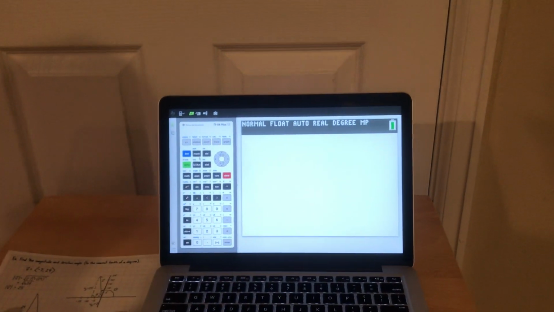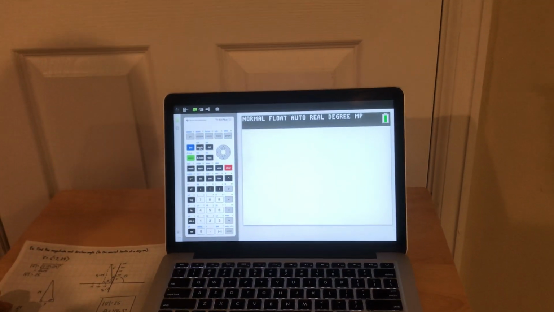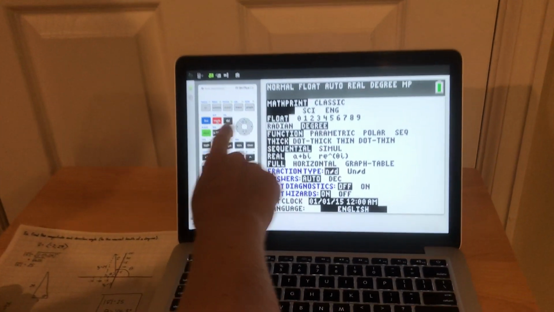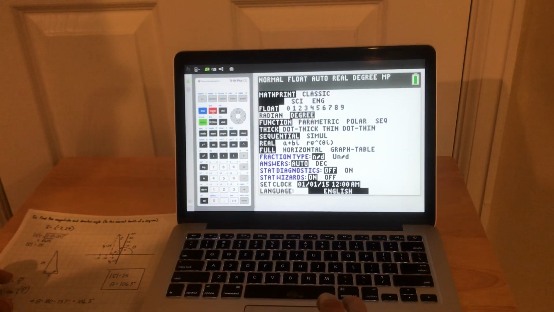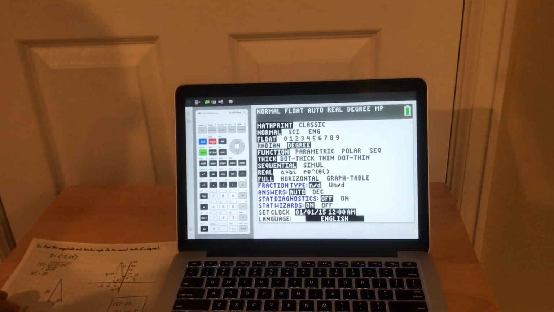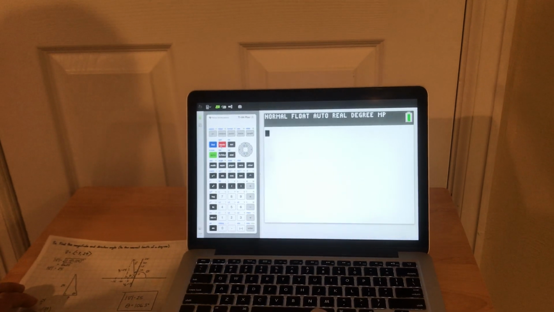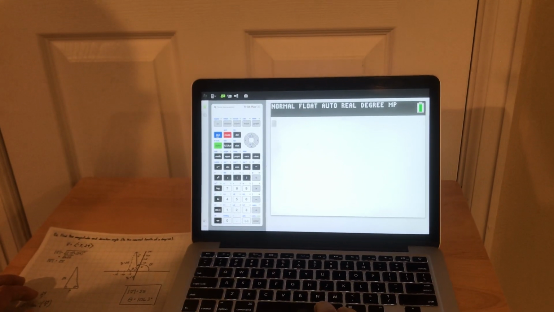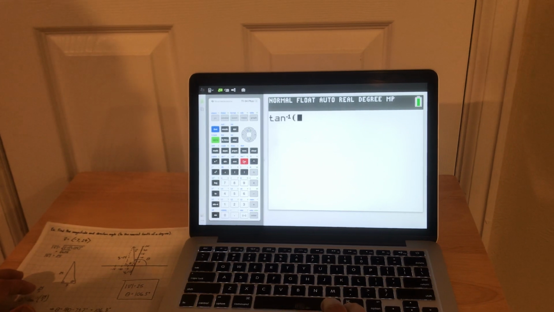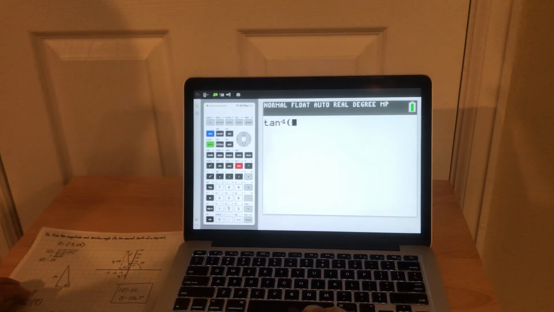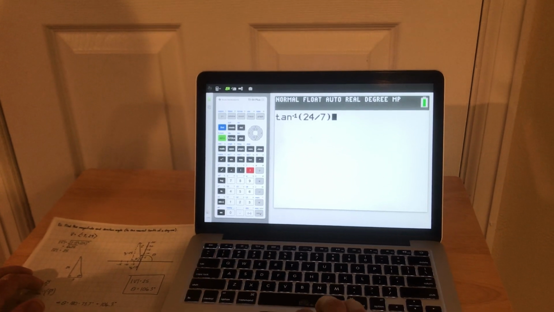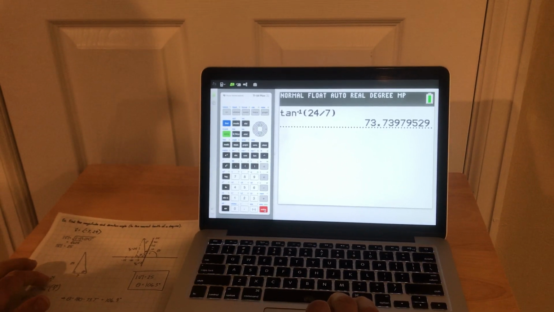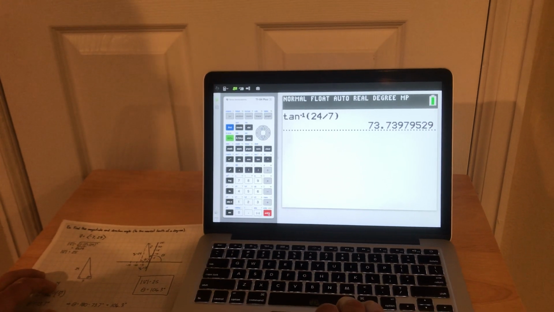Now, I know that in the end, I want my answer in degrees, so I make sure under the mode that my calculator is in degree mode so that my output will be in terms of degrees. And we are going to look at inverse tangent of 24 over 7, and we get 73.739 and so on.